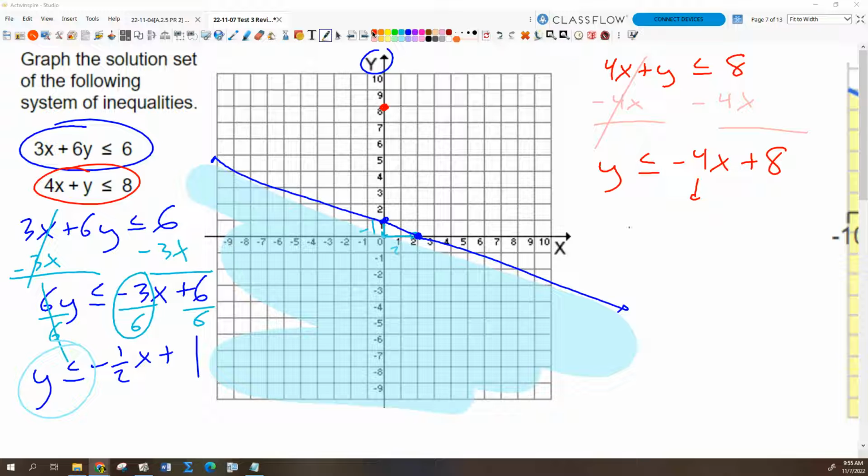Because my slope is negative 4 over 1, isn't it? That's my rise over run. Good, so we're going to rise by negative 4, run by positive 1. Solid or dashed? Good, solid. So there's my boundary line, shading above or below? Below. Okay, so then we want the double shaded region, and this is why we're shading below. y is less than or equal to the boundary line.